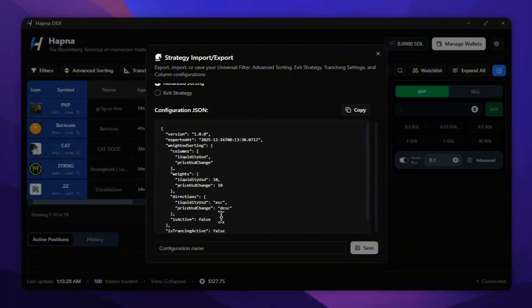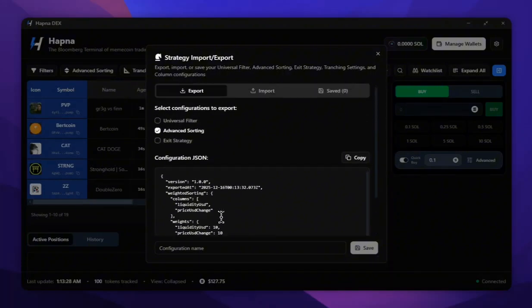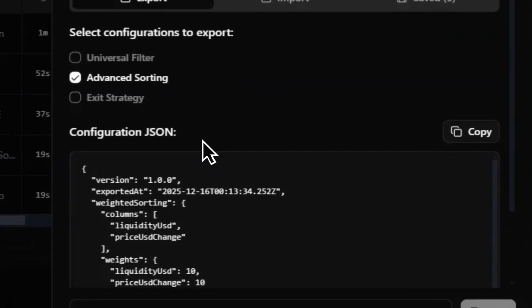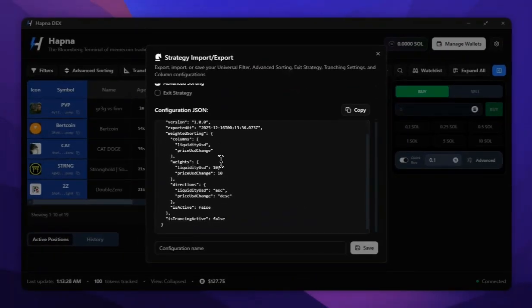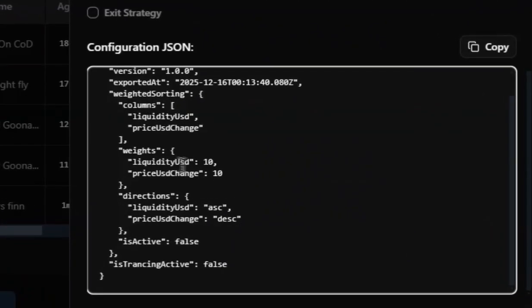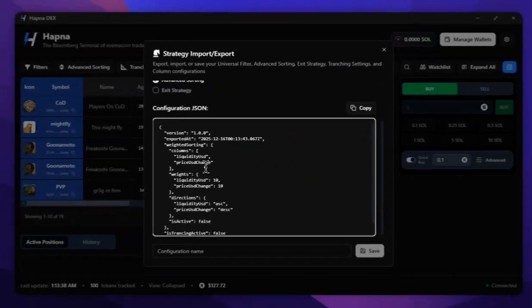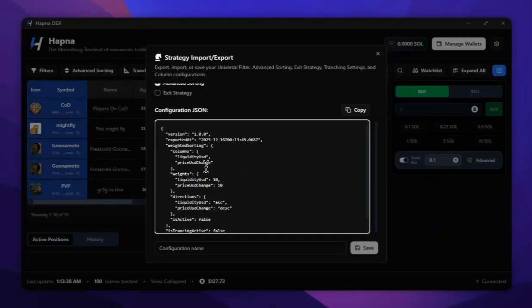You can basically take it and export it and give it to your friends, to whoever you think will benefit from it. You see here the weights. So yeah, you can basically just share this with whoever you think will find it useful.